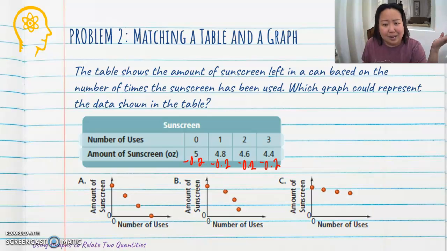Most likely, yes. So I don't think it's reasonable that after the 3rd use you have nothing left in your sunscreen. Our best representation of the graph would be letter C. This is our best option.